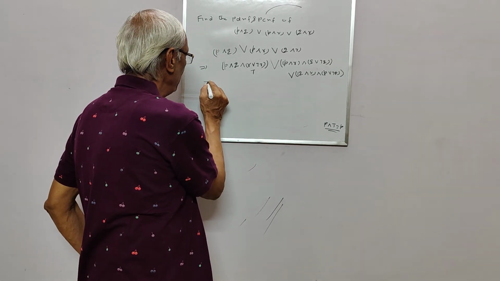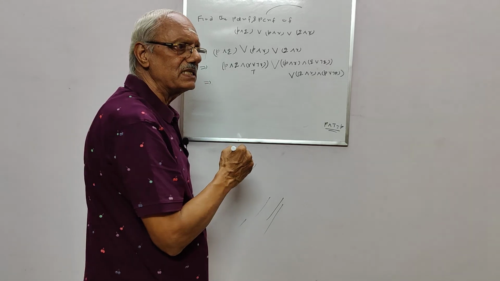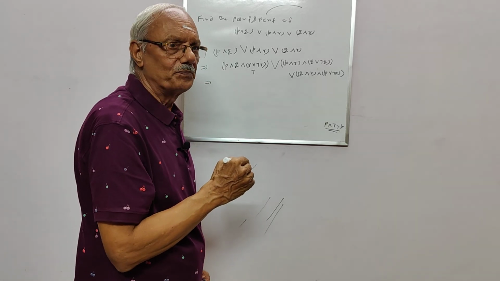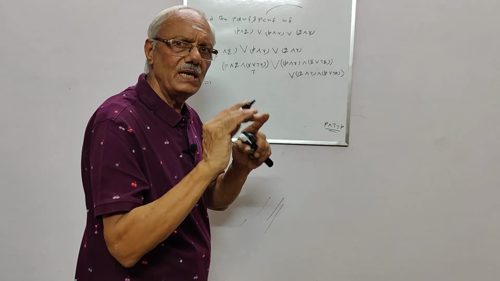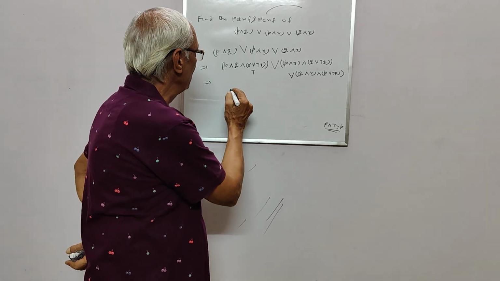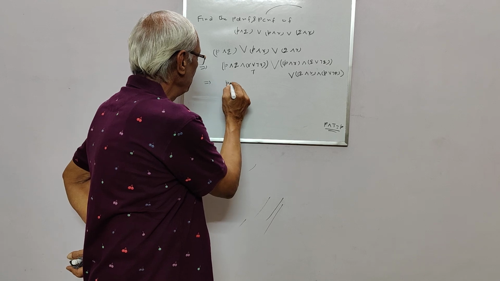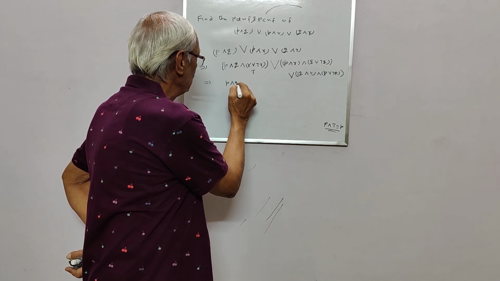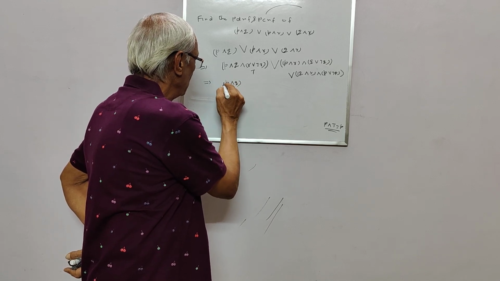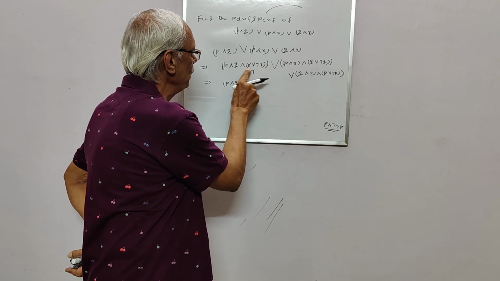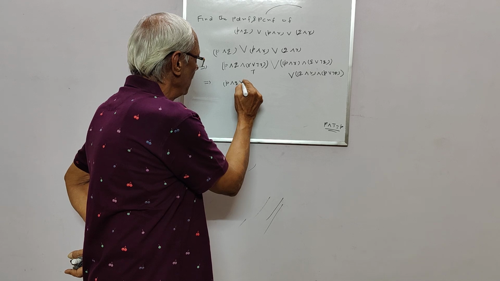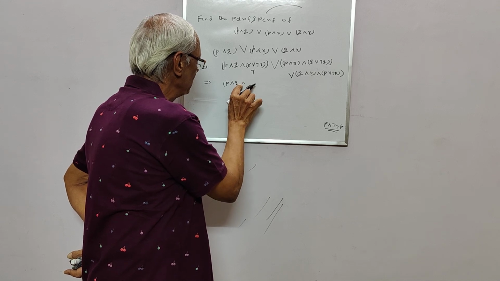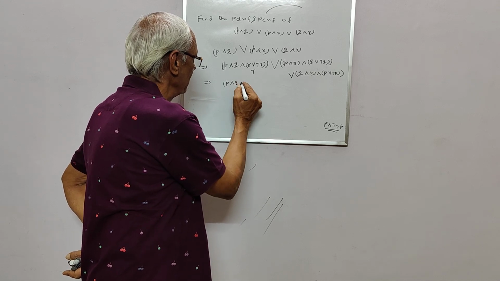Now, I will write one elaborately, then the rest will follow in the same fashion. I will write the first one, the rest of them will follow in the same fashion. So, what is that I will write here? P conjunction Q. See, this I am going to use your distributive law. P conjunction Q. I will open this now. No problem, nothing wrong in that.